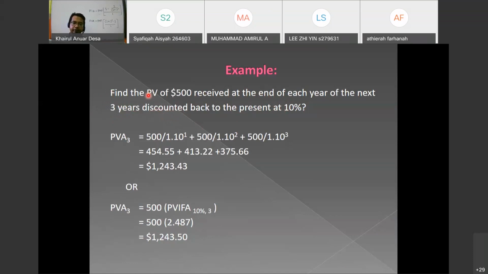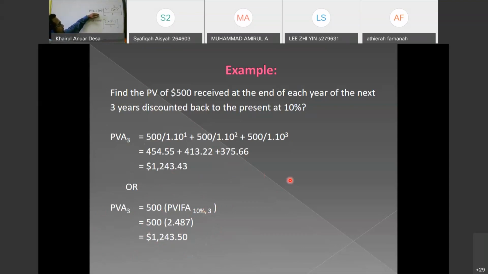So 10%, 500. So this is the calculation using the formula, and this is for the table. Right? Ataupun, or you can use this formula.